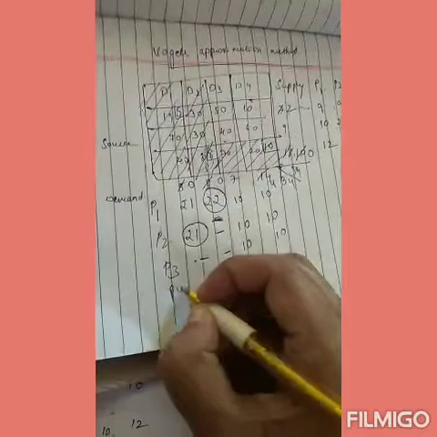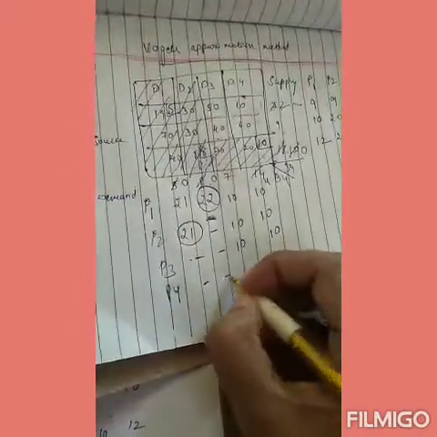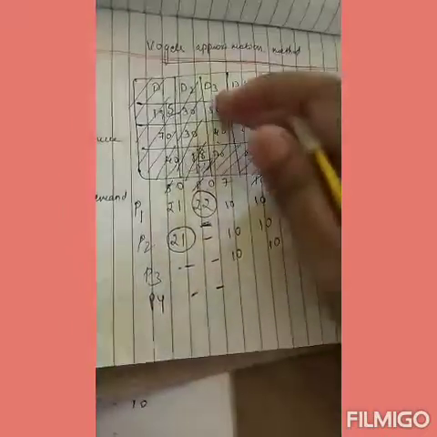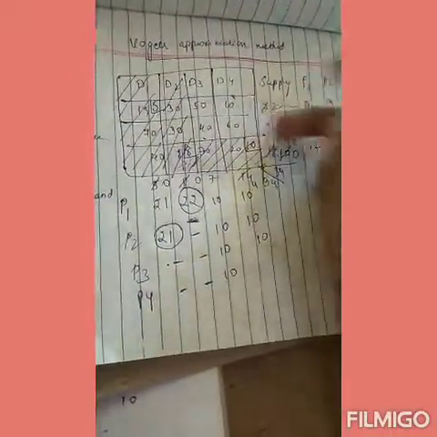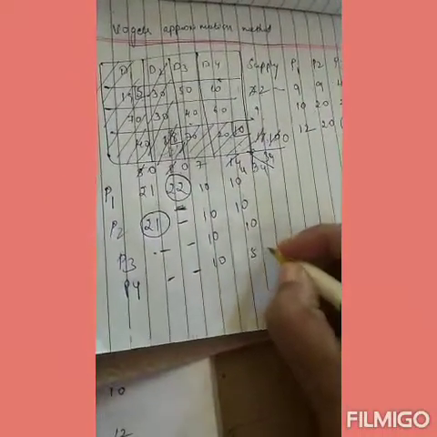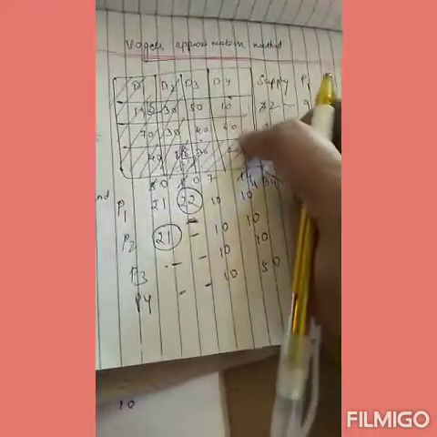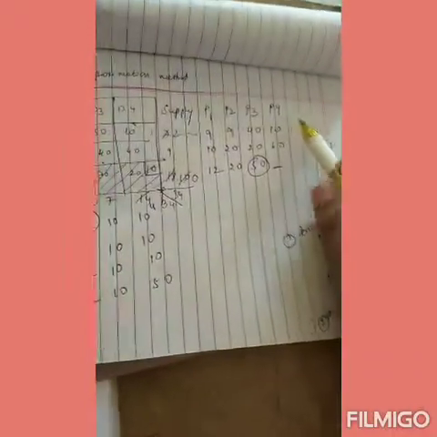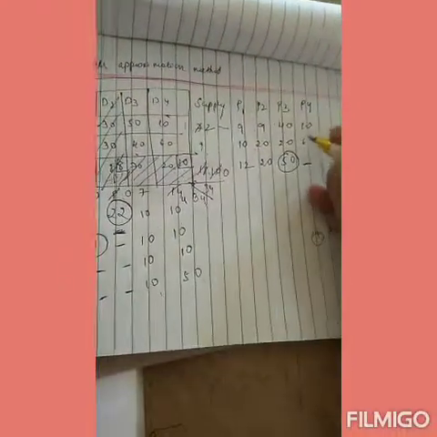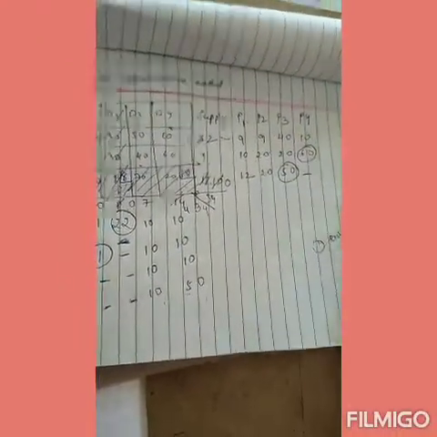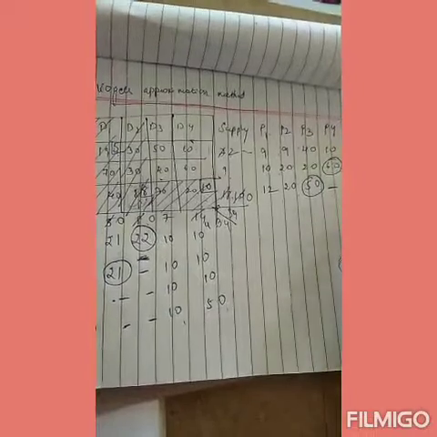For column wise, this is no value, this is no value. 50 minus 40, 10. 60 minus 10, 50. Because of first minimum, second minimum: second minimum minus first minimum, 50. So in this penalty P4, we have 10, 60, 10, 50. In all these values, which is maximum? 60 is maximum.